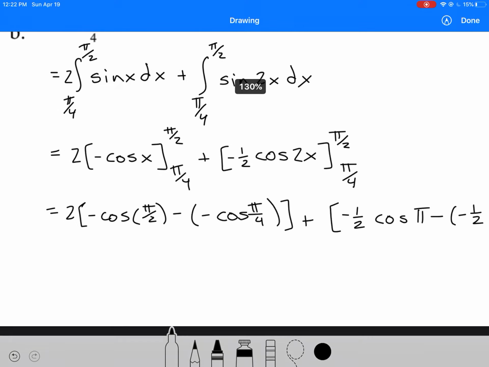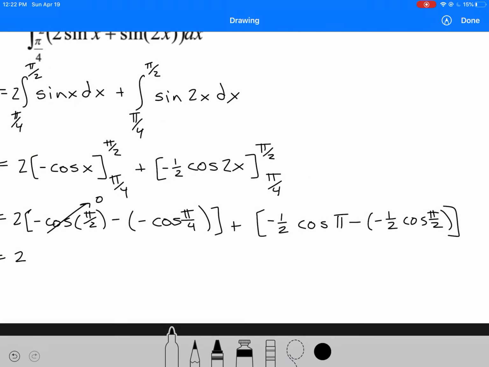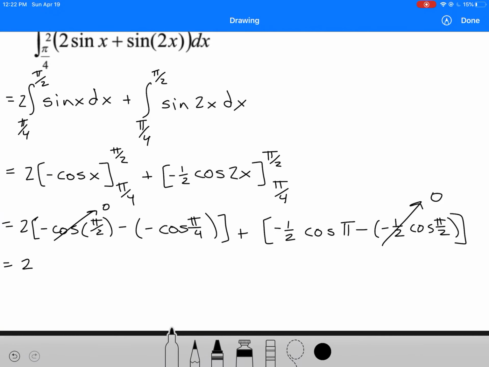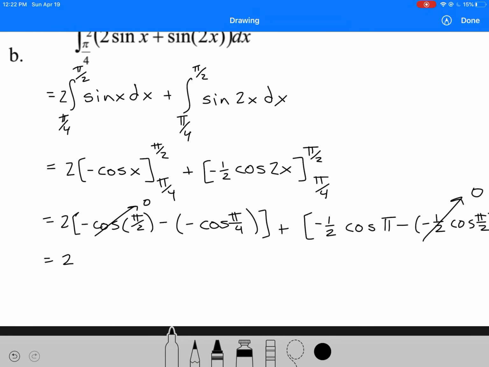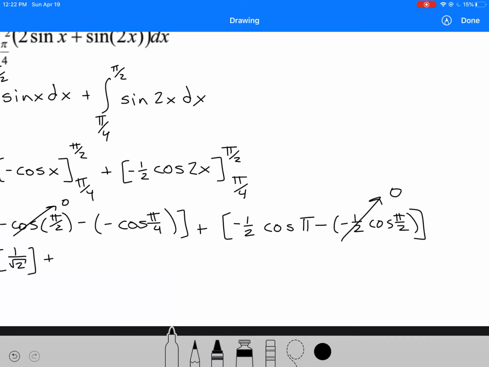So I'm going to simplify a little bit, get rid of some signs here, and evaluate. So let's see, I've got cos pi over 2. That one's going to go to 0. That makes my life easier right off the bat. So then all I'm worried about is minus minus plus cos of pi over 4, which is 1 over root 2, plus, let's see, I've got cos pi.